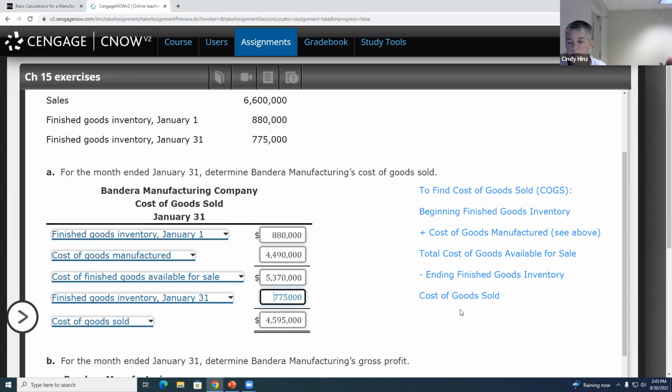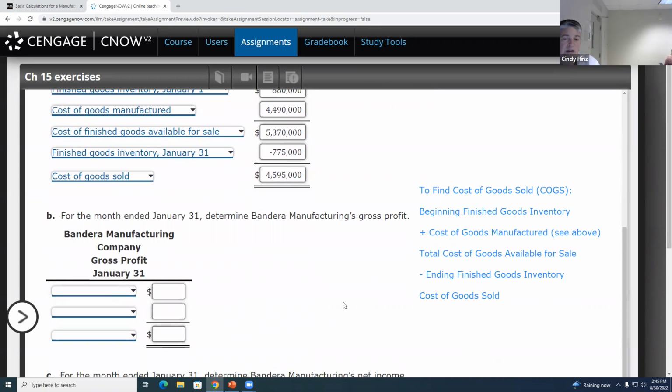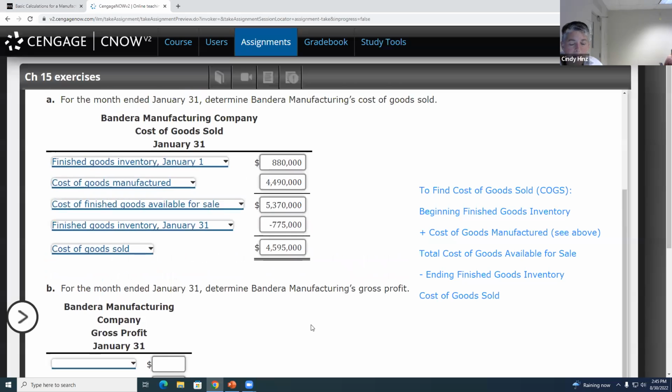And again, when you need to subtract, you can put in the negative, and I would encourage you to do that if it helps you remember. And so I found, if I used my calculator correctly, cost of goods sold of $4,595,000. Everyone okay with that? Not the same thing?